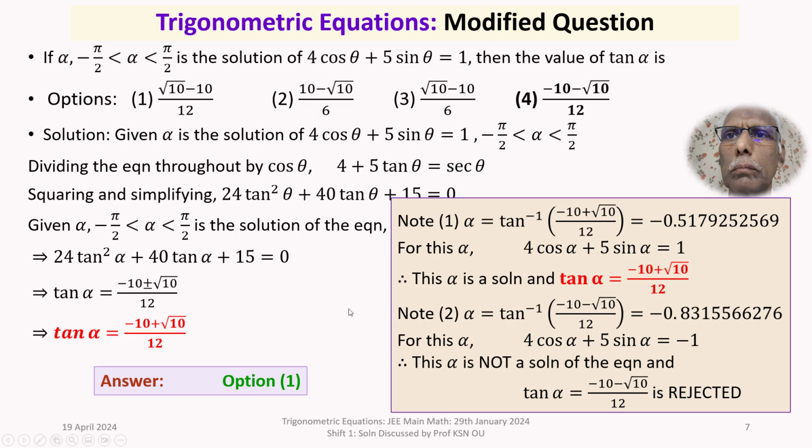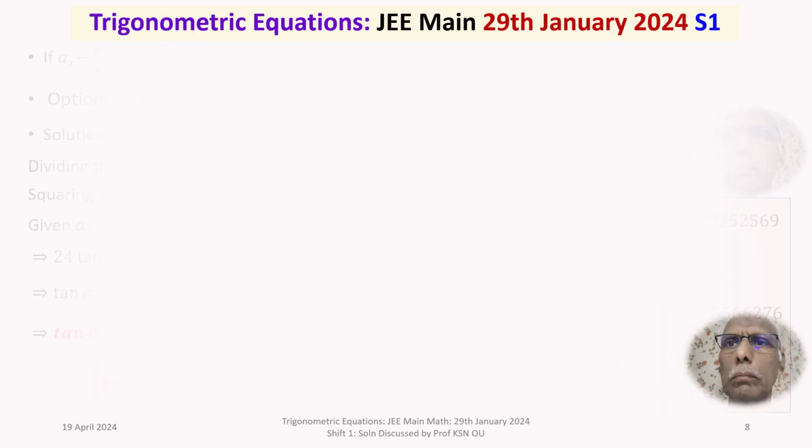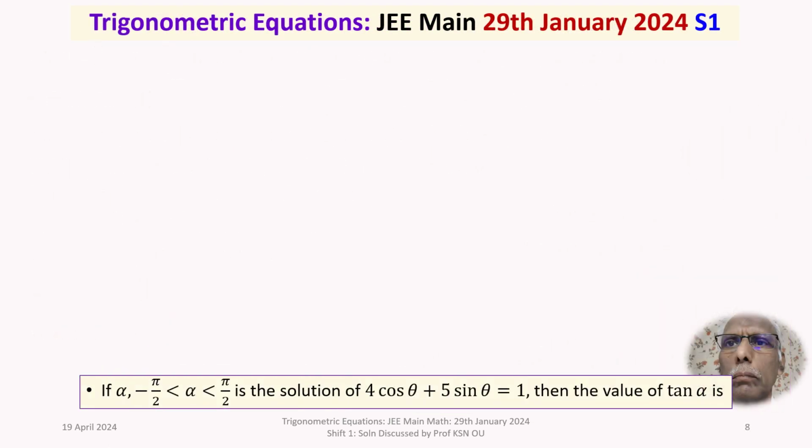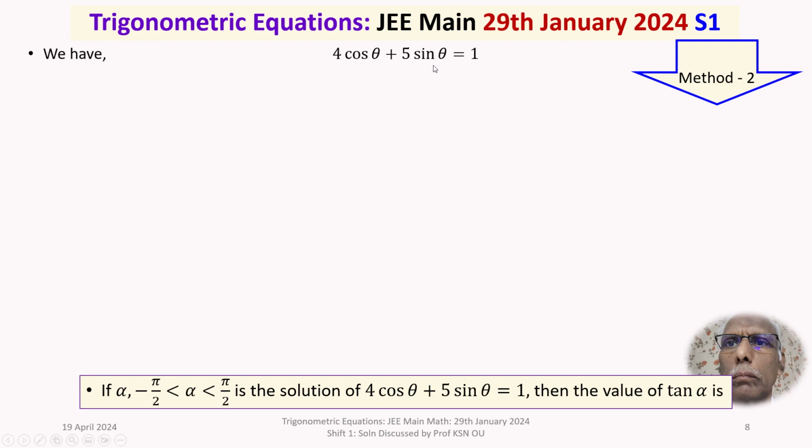Now we turn to method 2. So that is our question, and we go for method 2, and we have 4 cos theta plus 5 sin theta is equal to 1. In this we don't divide and square. And why did that extraneous solution result in the previous slide?